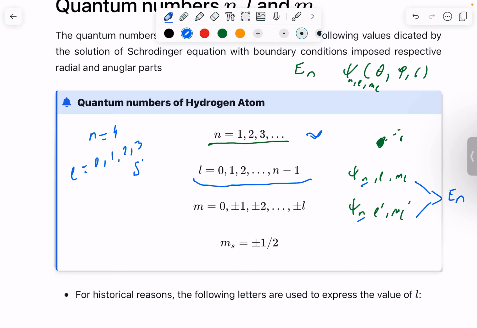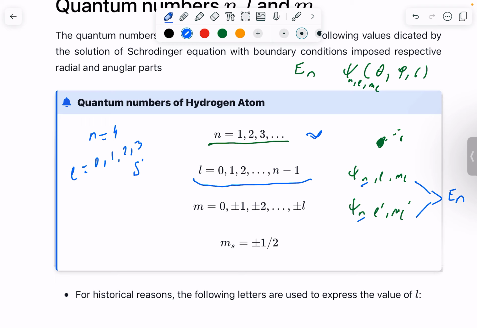It cannot be equal to 4, because that's a consequence of the solution of the eigenfunction eigenvalue problem, where you end up with polynomials which turn to 0 if L matches n. So mathematically we end up with these results. The only wave functions that we get are when L does not exceed n.